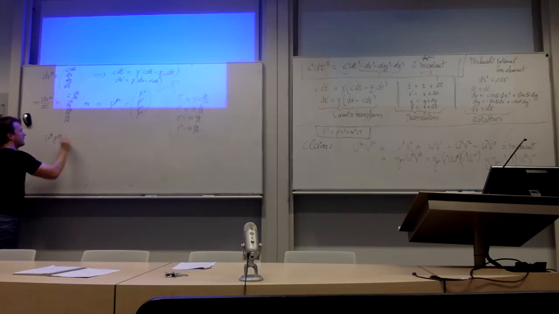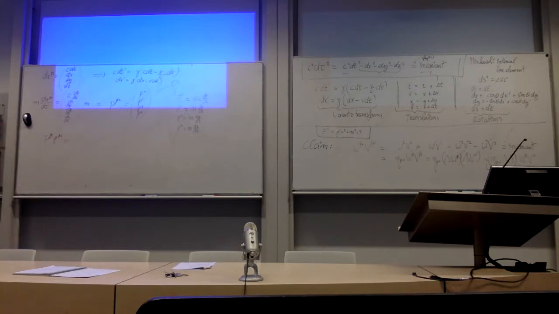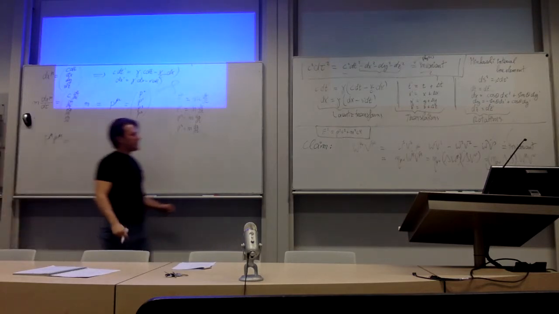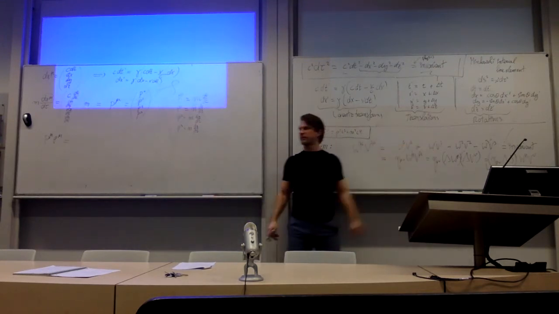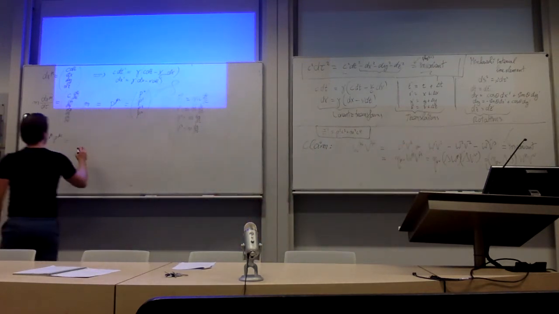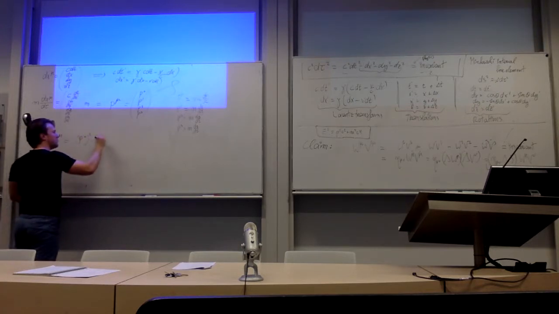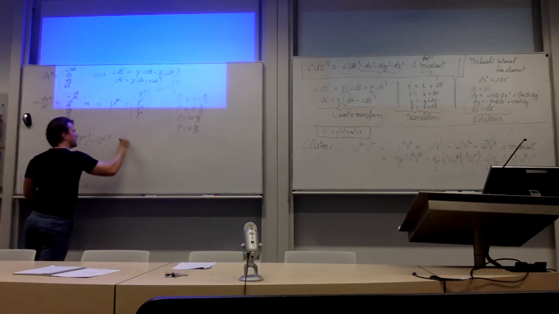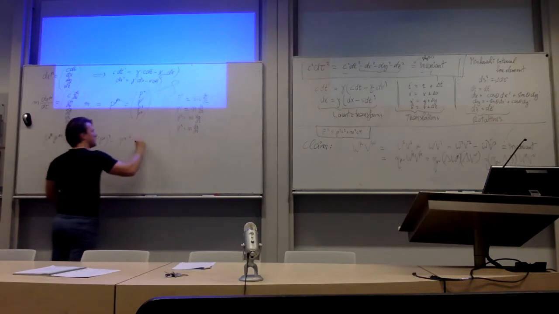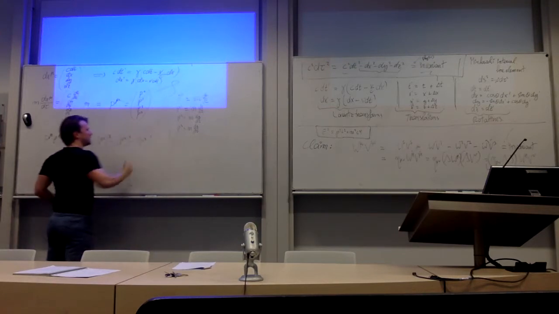I'm going to take these two and multiply them with each other in this combination: P0 squared minus P1 squared minus P2 squared minus P3 squared.